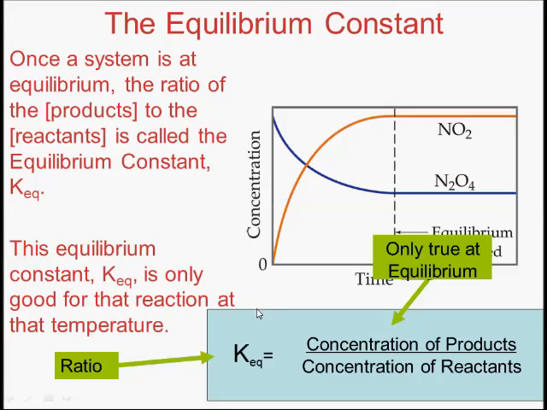Okay. Now that particular ratio that we get is only good for that reaction, and it's also only good at that particular temperature. If you think back to the activity we did in class with our water vapor, where we were moving from one side of the room to the other, I think we reached equilibrium. I think we had 6 people existing as water vapor and 4 people existing as liquid.